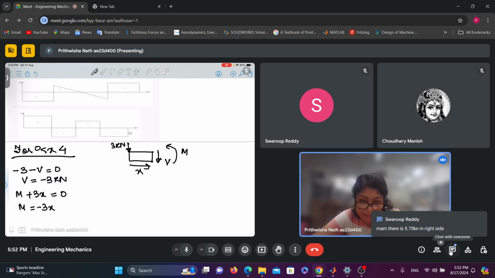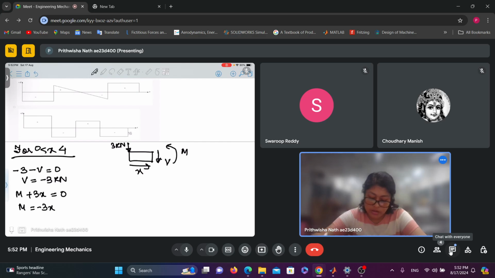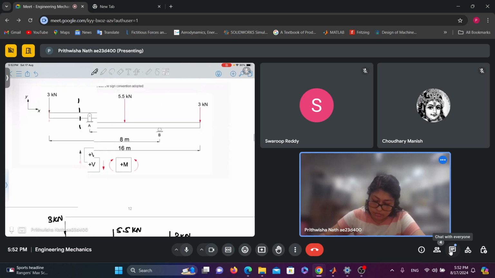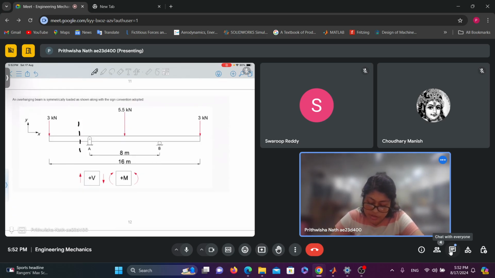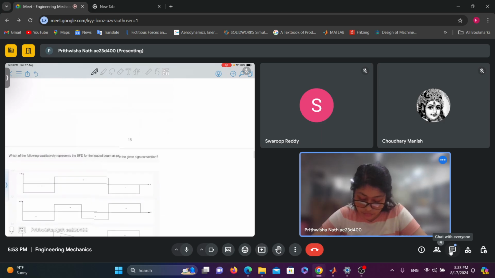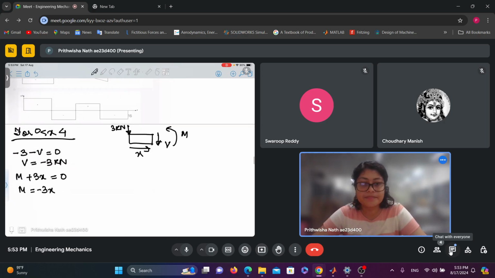Yeah, but I am considering before that. See, I am considering this section up till just before the reaction. The reaction is at A, right? So I am considering a section just before the reaction. Is it clear? From there I will move to the other section. Now for this part, is there any question? For the first section.